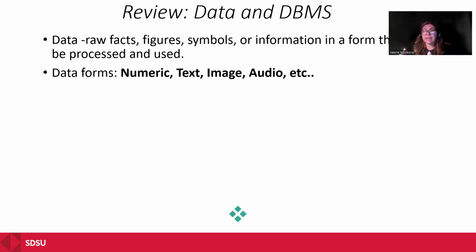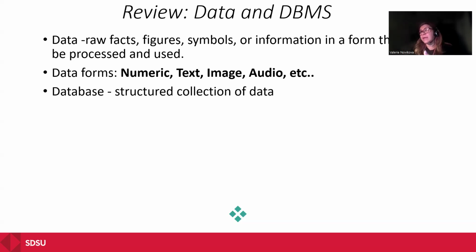Data can be in different forms, just like we discussed. It can be numeric, text, image, audio, video, geospatial data, and so forth. When we store data in the database, data is transformed into a structured collection of data. Again, data are raw facts, but when we put data in the database, it becomes a structured collection of data.